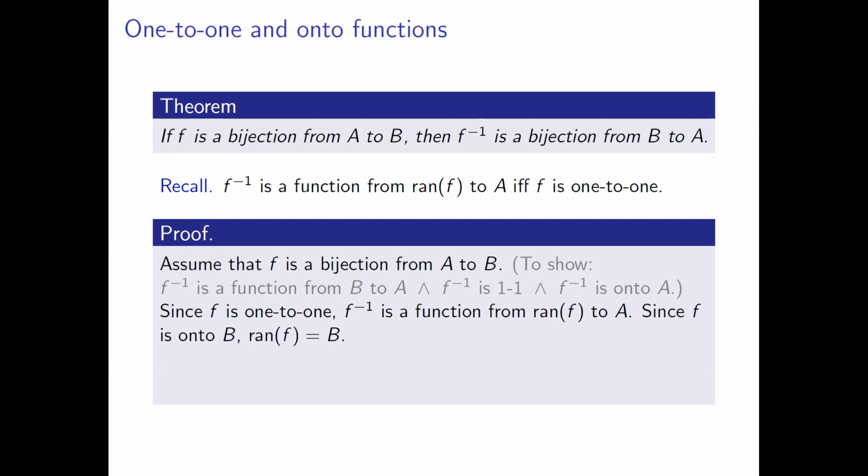Since f is a bijection, it is onto B. So the range of f is equal to B. So f inverse is a function from B to A.